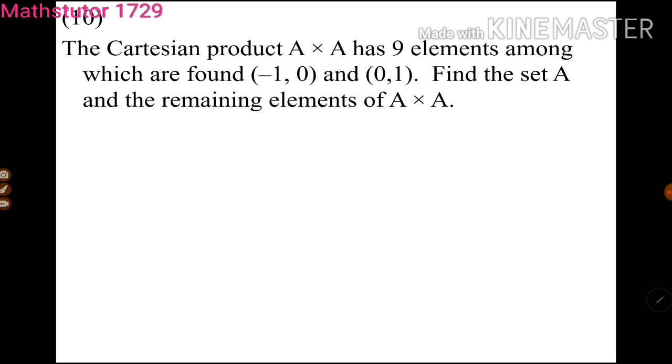Find the set A and the remaining elements of A cross A. Here in this Cartesian product, the two sets are equal, the same set A and A. So the first element of (-1, 0), that is -1, comes from the set A, and 0 also comes from the set A. So A is equal to {-1, 0, 1}. Now find A cross A.